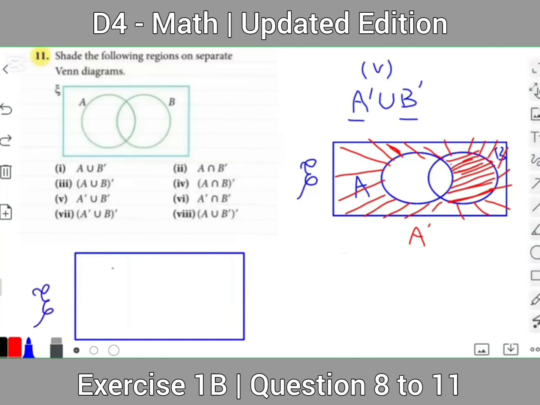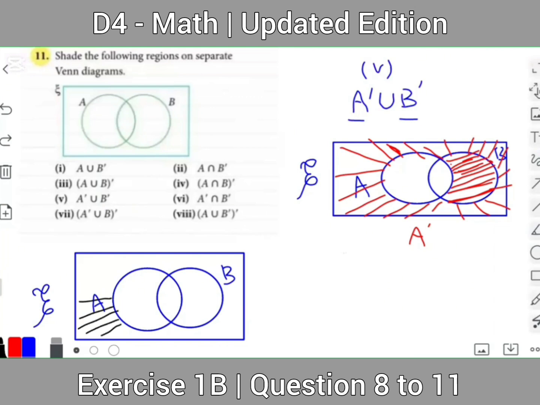Inside it, we will draw two overlapping circles representing the sets A and B. And the B complement is represented with the help of black color by shading the region for the set eta and for the set A only. So the region shaded in black represents B complement.